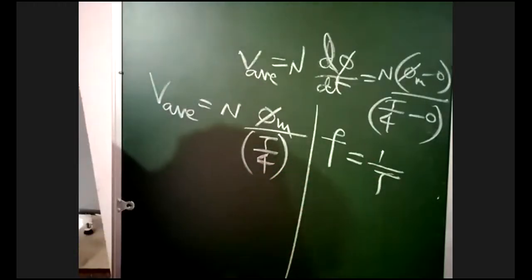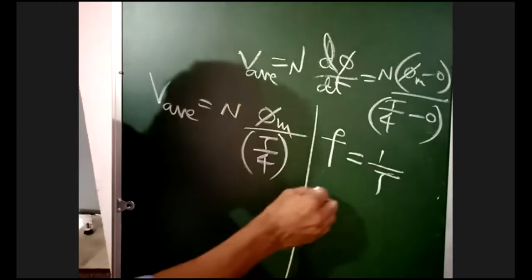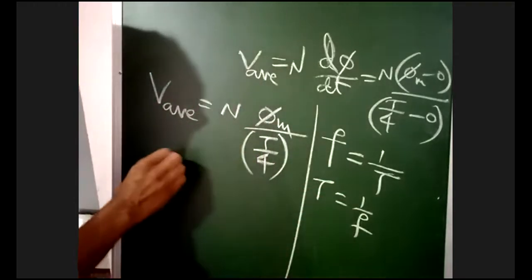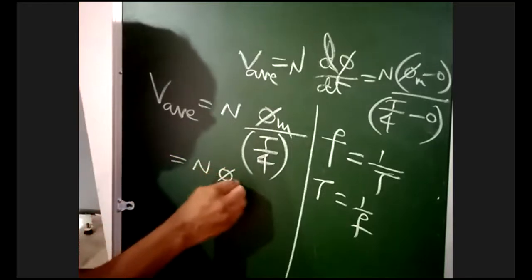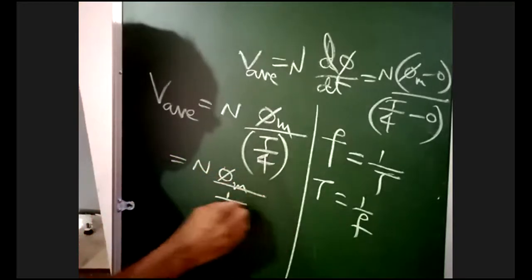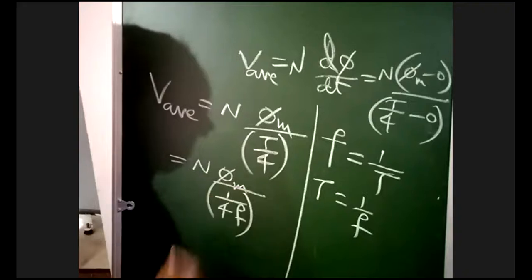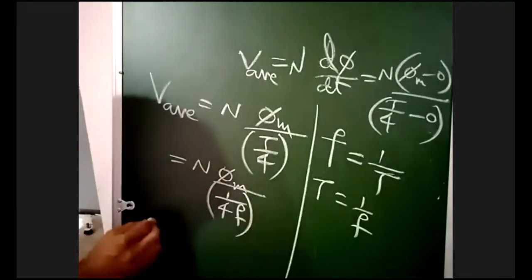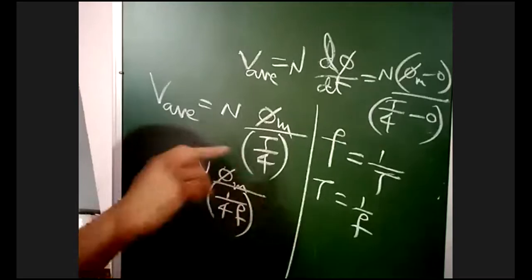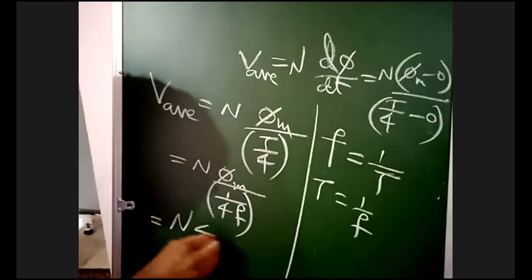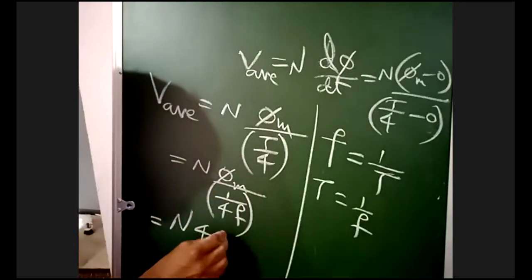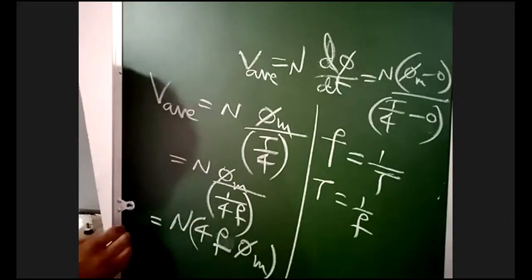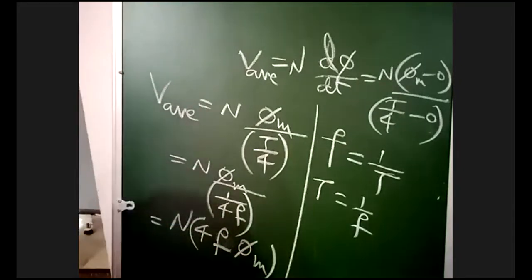That means T is equal to 1 by F. Substitute in place of T. In place of T, I am taking 1 by F. Bring this 4F to the numerator. This is the average voltage.